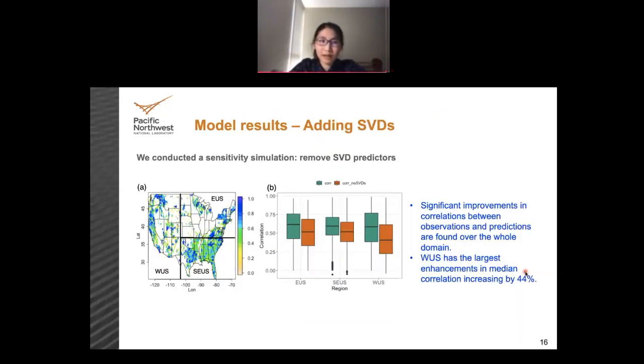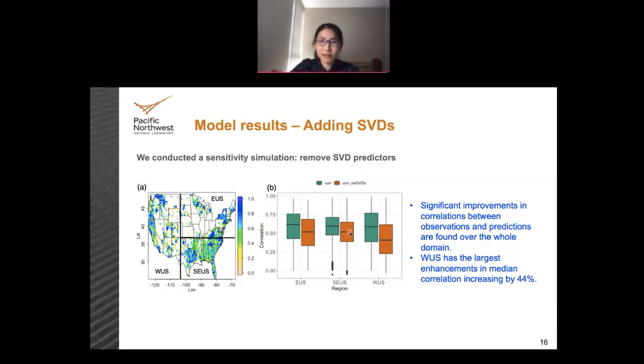Then we are also interested in whether including those SVD predictors really helps the prediction. So we conducted a sensitivity simulation where we remove the SVD predictors from our model and calculate the correlation in figure A over here and compare the distribution.